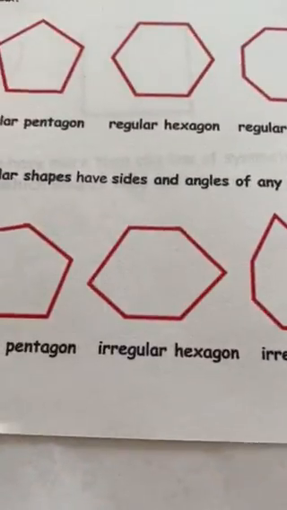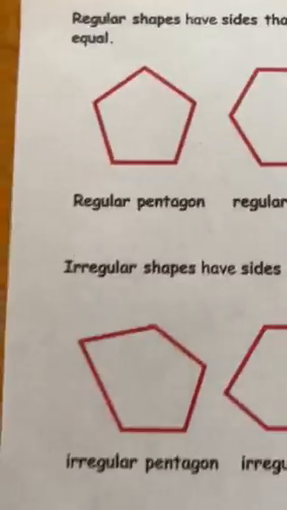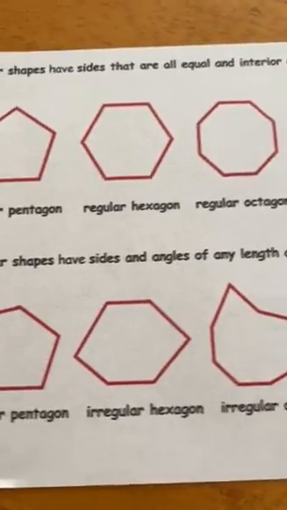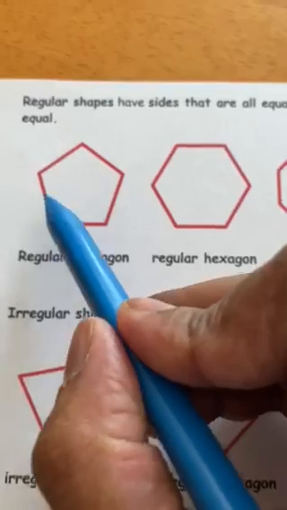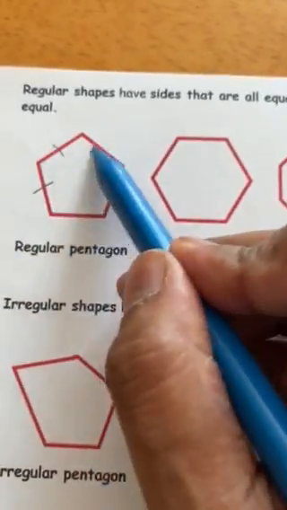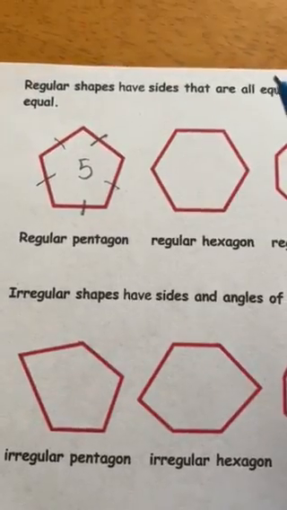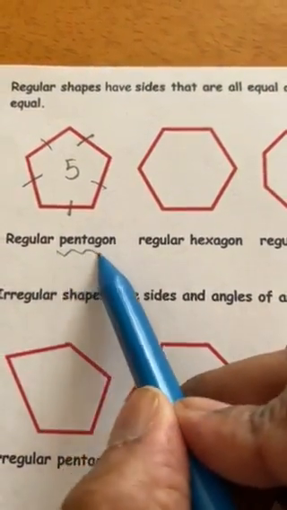I want us to look at something really special now. Just thinking about the pentagon, the hexagon, and another shape called the octagon. So if I go to my pentagon, I'm again counting 1, 2, 3, 4, 5 sides. And I know it's a pentagon.